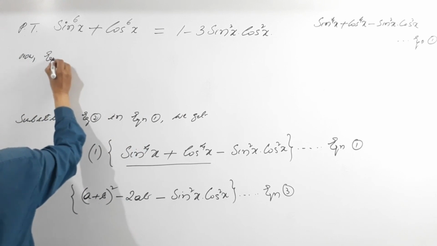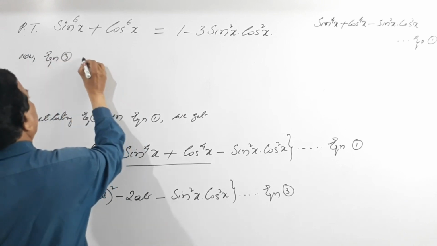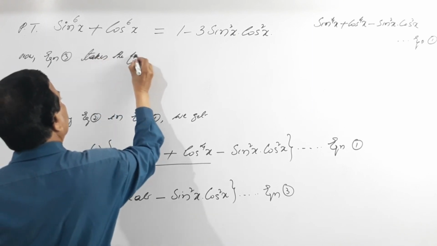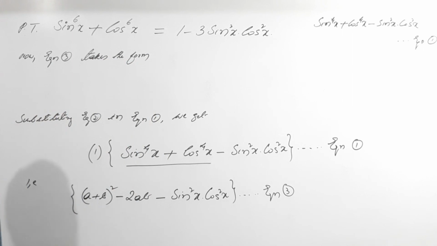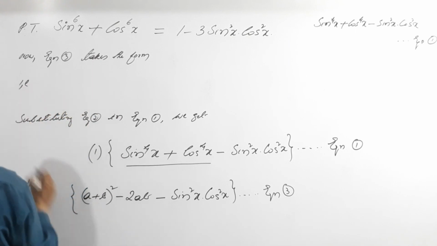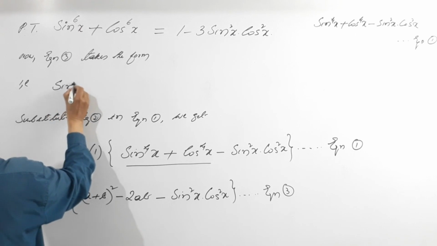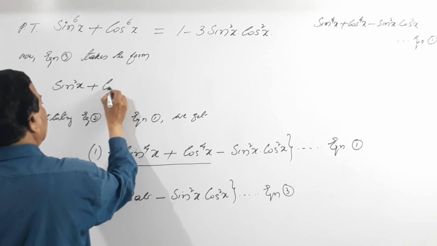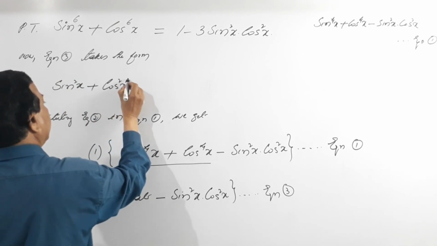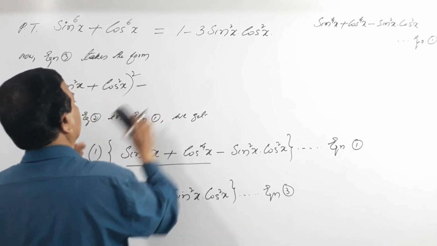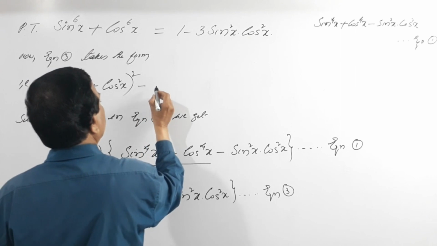Now equation 3 takes the form what? What is A? A is nothing but sin square x. That is, A is sin square x plus cos square x the whole square minus 2.